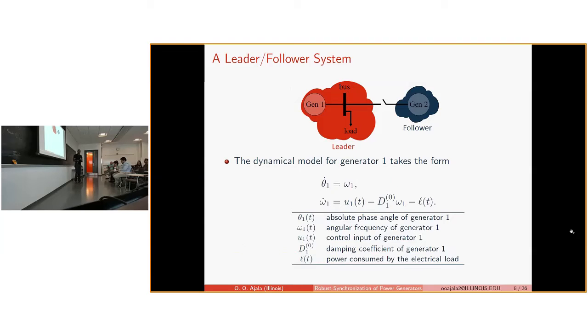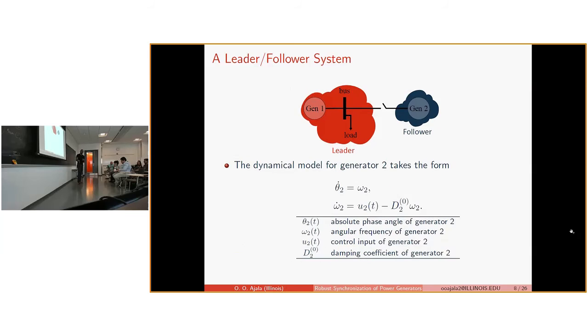D10 you can think of as a damping coefficient. And L is the electric load, the electric power that's consumed by the load. This is the active power. So in this model, we're assuming that the voltage is 1 per unit, the known constant.